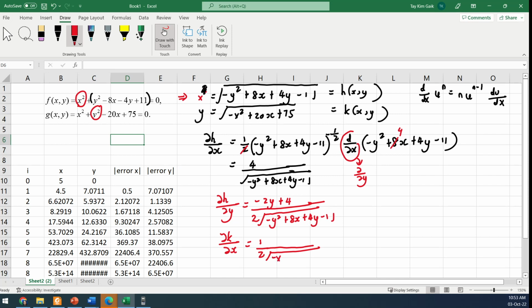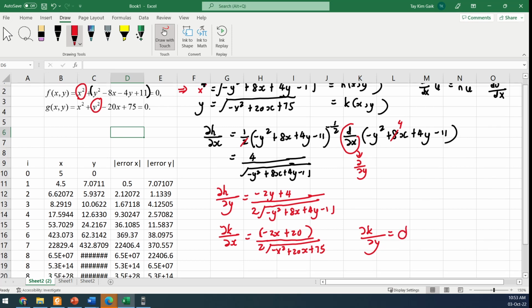So negative x squared plus 20x plus 75, and you differentiate with respect to x to get negative 2x plus 20. And for del k del y, k is only a function of x, so del k del y equals 0.